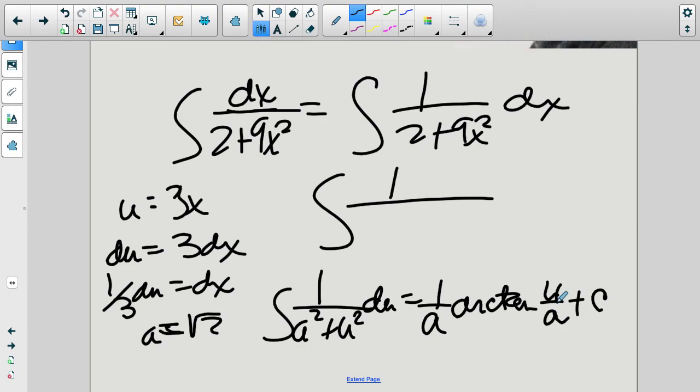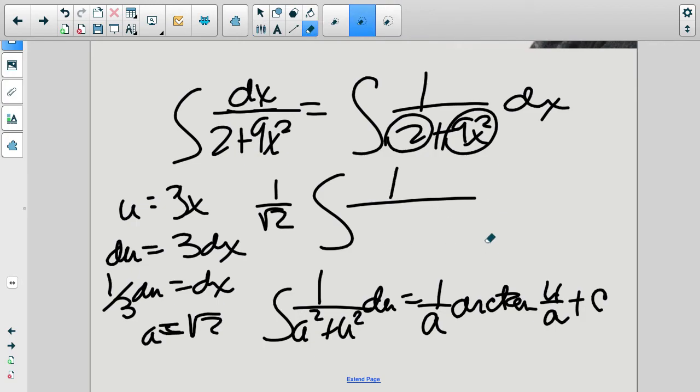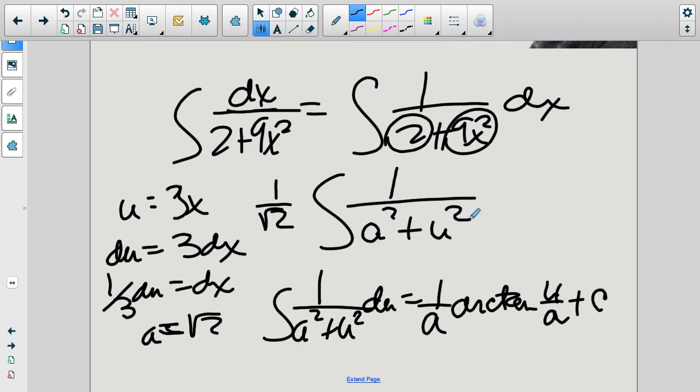So I need a 1 over a, and so I've written all of this down. I'm not going to do too much in my head, so I have 1 over root 2. And then I'm just filling in my pieces. That is a squared, so 2 is a squared. This is 3x squared. In fact, I'm going to go to a squared plus u squared, and what's du, or dx? 1/3 du.